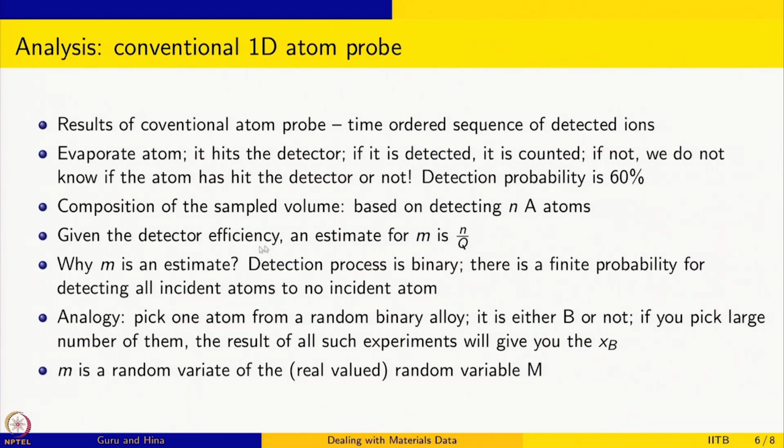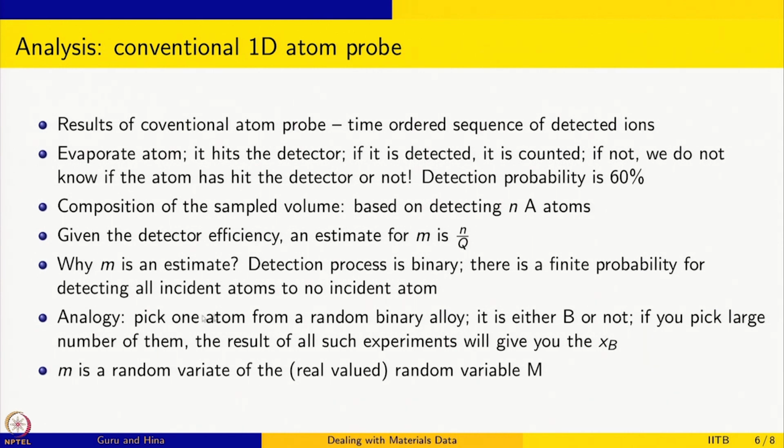But m is only an estimate, it is not the exact number. This is because, like I mentioned, the detection process is binary. So, there is a finite probability for detecting all incident atoms, and there is also a finite probability for detecting no incident atom. So, how do we understand this idea that it is an estimate?